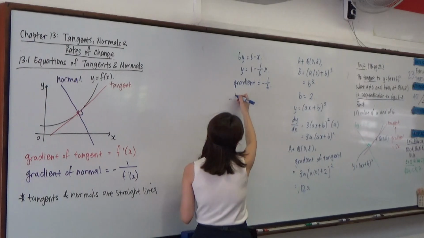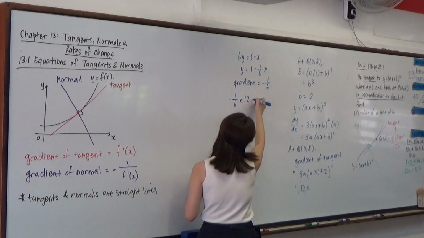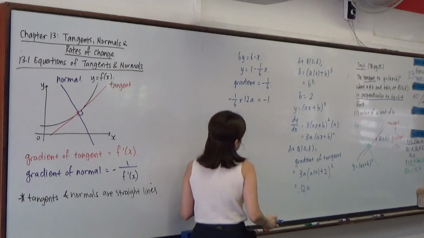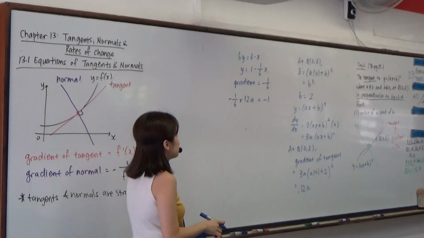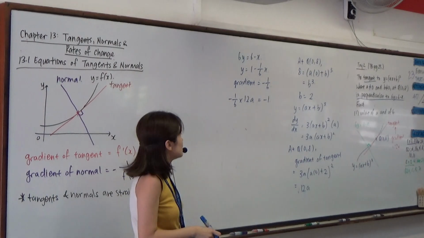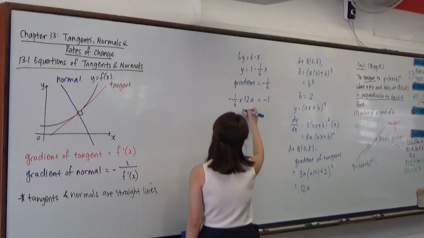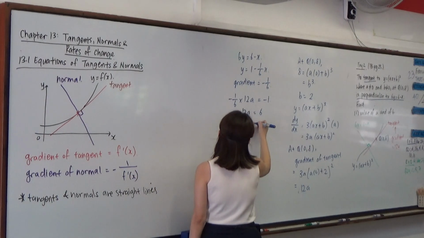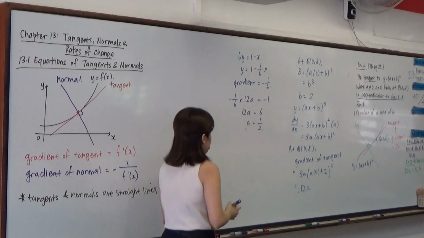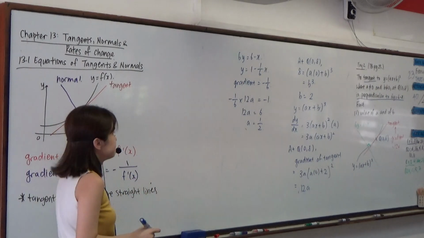So -1/6 times 12a must be equal to -1 because the lines are perpendicular. And we find that a equals half.